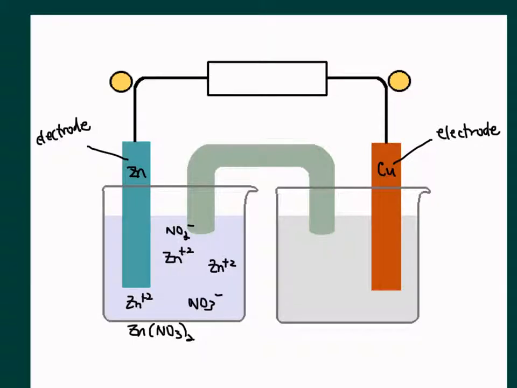Okay, and on the other side, you have the same thing. You have copper, so solid copper, and it's submerged into some sort of copper salt, like copper nitrate. It could be any copper salt that's soluble. In this case, it's copper nitrate. So you've got a bunch of copper ions and a bunch of nitrates floating around in there, like this.